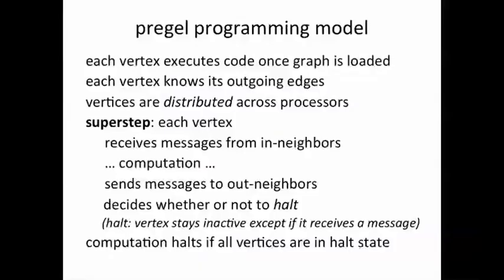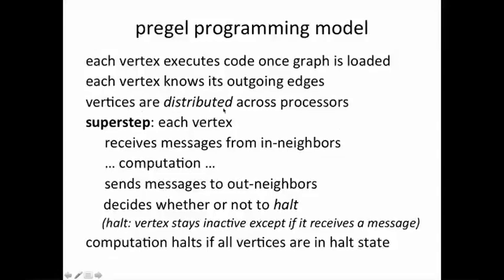So here's the Pregel programming model. Just like we had the MapReduce programming model where you had to write a map function and a reduce function, here you have to write code for every vertex. Each vertex executes code once the graph is loaded, and the assumption is that the process of loading the graph makes sure that each vertex knows its outgoing edges. It may not have any idea about its incoming edges, but it knows its own outgoing edges.